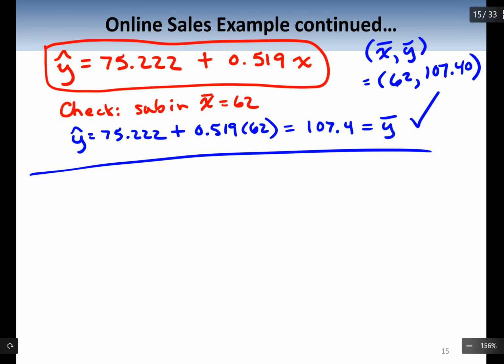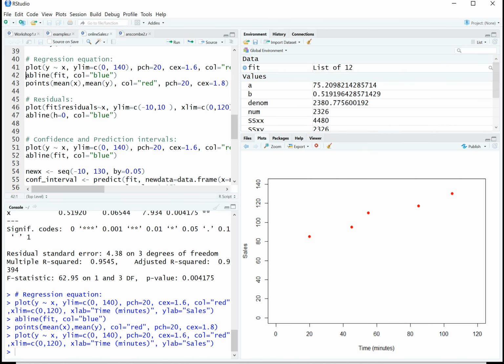We can also go ahead and we can calculate the correlation coefficient. Now you can ask yourself, what do you think it should be? Now we know that r is a number between -1 and +1, and we saw the slope there. I mean, we can see the scatter plot shows that it's a strong positive relationship.